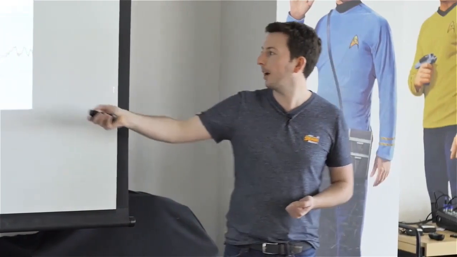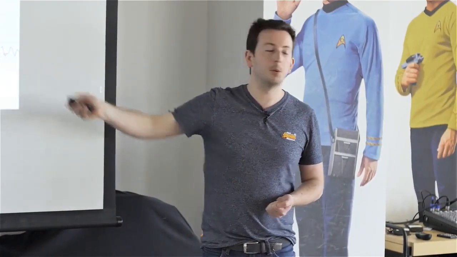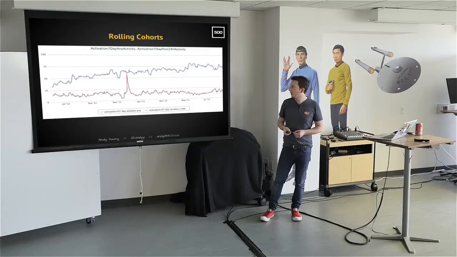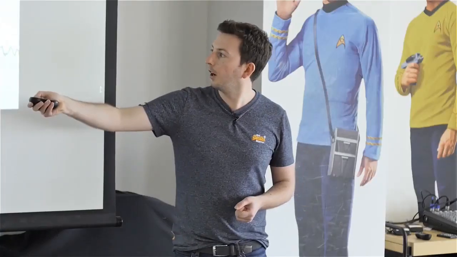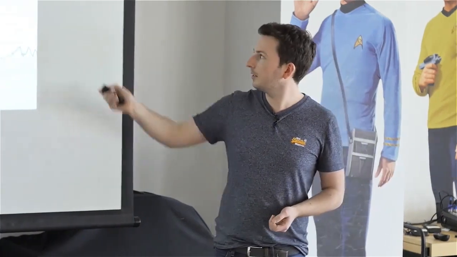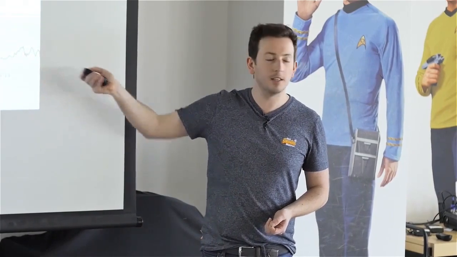But they're not coming back and doing them between day 1 and day 7. So what this is telling me is that over time, we managed to improve the activation, the engagement in the first session after sign up. We had great success. But the sad thing is, it never translated into meaningful growth, right? So real lesson there to share with you all to keep an eye on this.